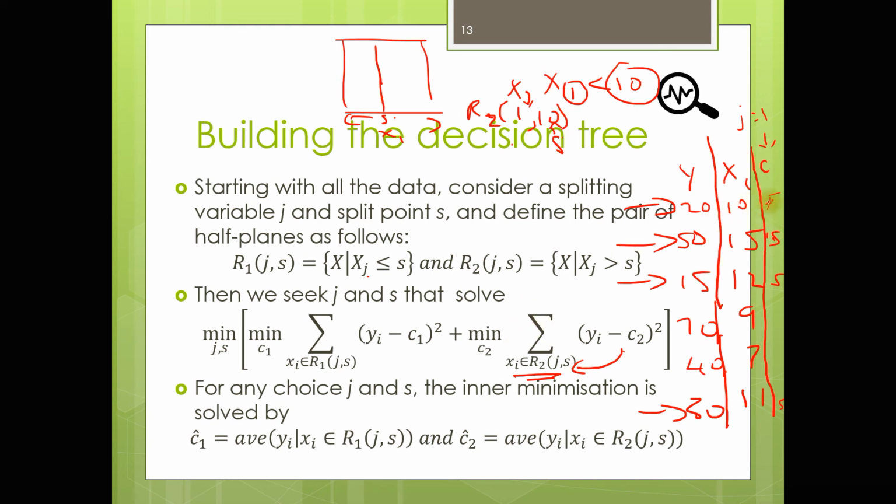It's going to be the appropriate value if when you take 20 minus 5 squared, plus 50 minus 5 squared, plus 15 minus 5 squared, etc., it is the smallest possible value for any possible values of c. In other words, if we do that for 5, what kind of sum of squares do we get? If we do it for 10 now, what kind of sum of squares do we get?